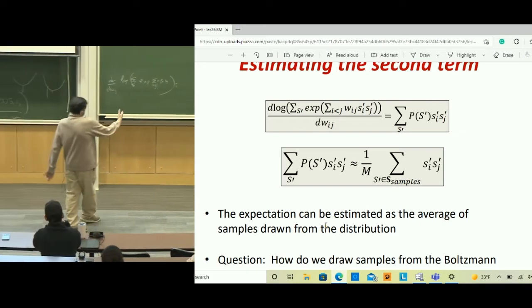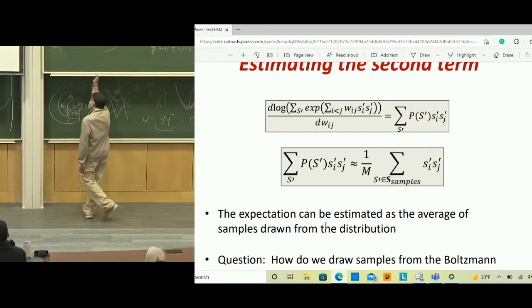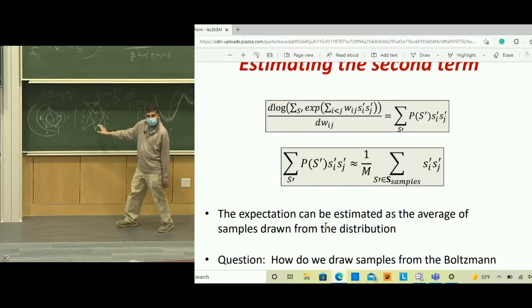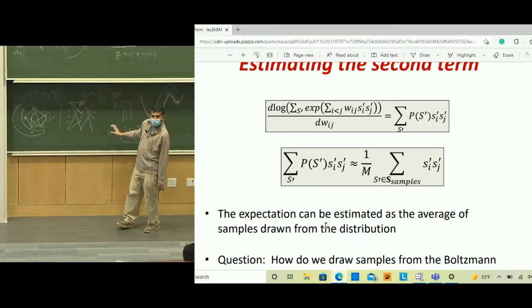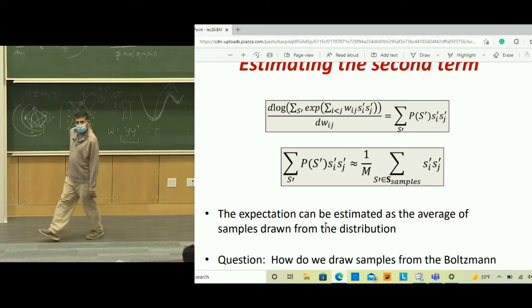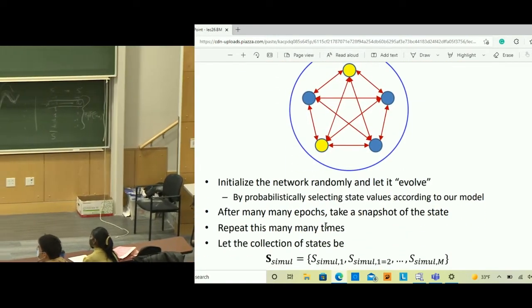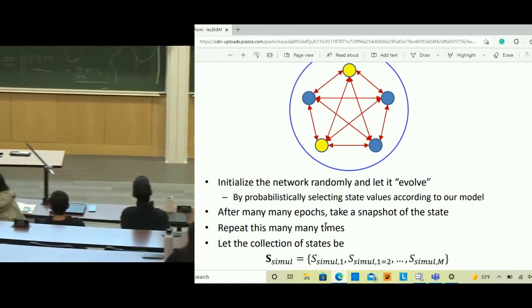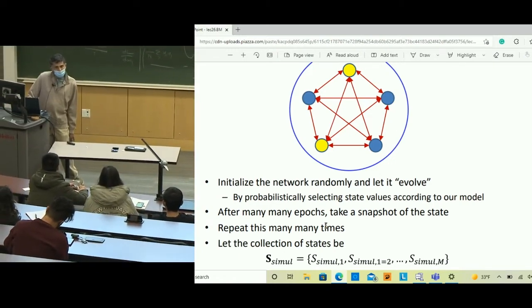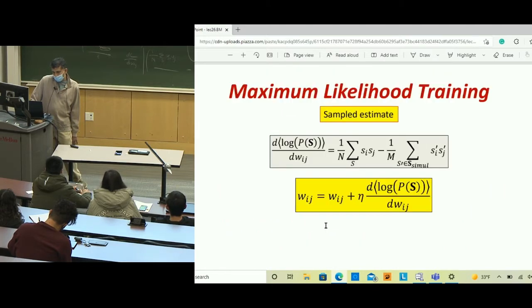In our case for the Boltzmann machine, drawing samples from the distribution meant you just went through this whole process, this evolution, and then took snapshots, right? So that's just like running your Boltzmann machine. And so literally, you initialize the network, you let it evolve, and then you draw samples, right? And so that's going to give me the second term, right?